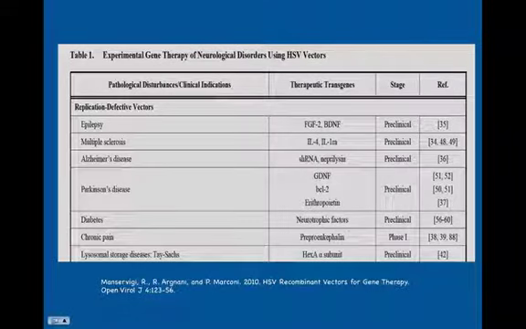And so in those first neurons, in those sensory ganglia, you can put in things like BDNF, which is a brain-derived neurotrophic factor that may help stabilize against epilepsy.